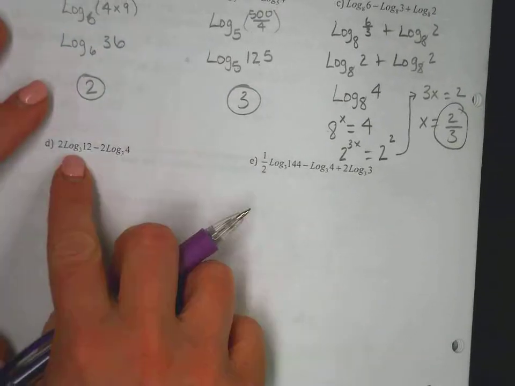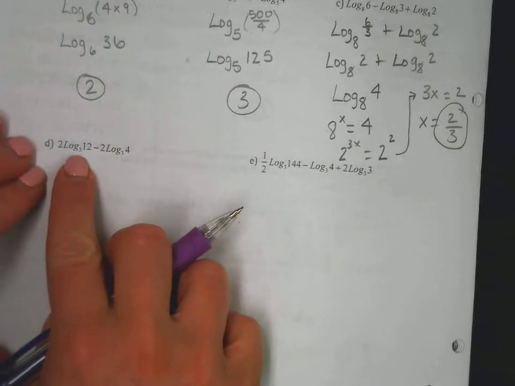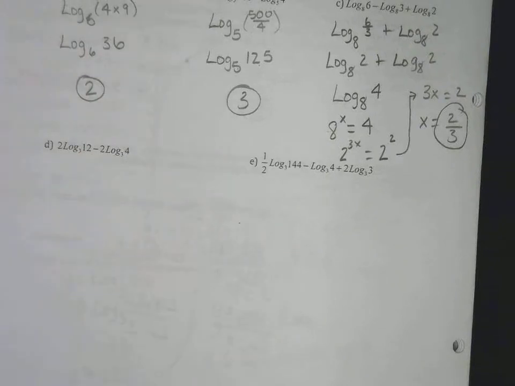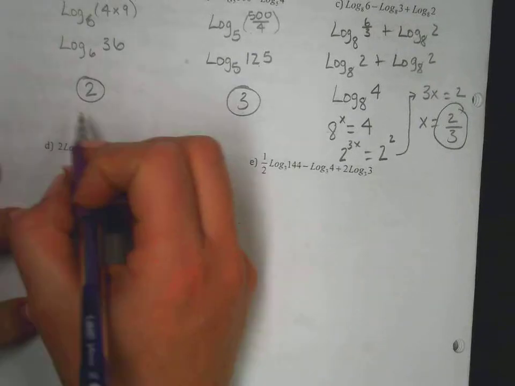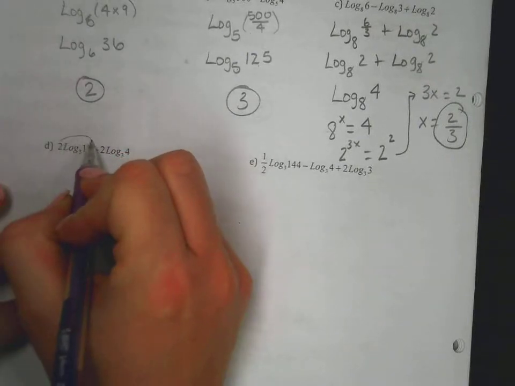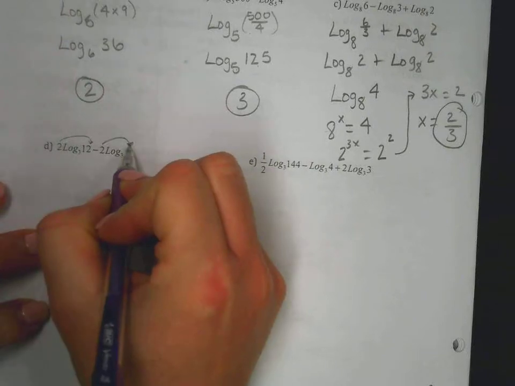All right, following: 2 log base 3 of 12 minus 2 log base 3 of 4. So there are lots of ways you could do this question. I'm going to apply my power law first to each of these values.